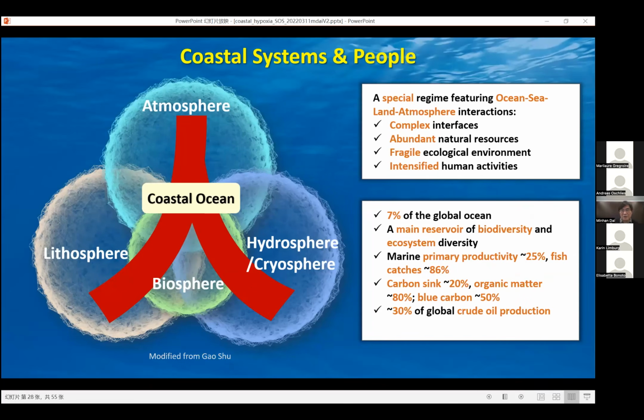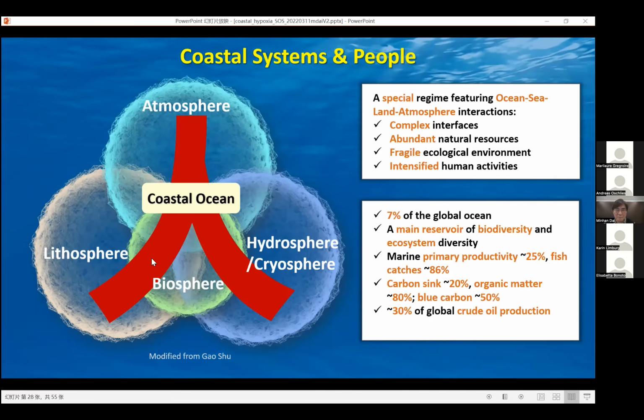Let me step back to the importance of the coastal system and the people. I want to repeat that these coastal regions are significant in both Earth system science and economic and social development.